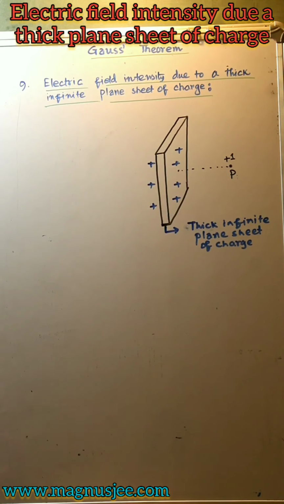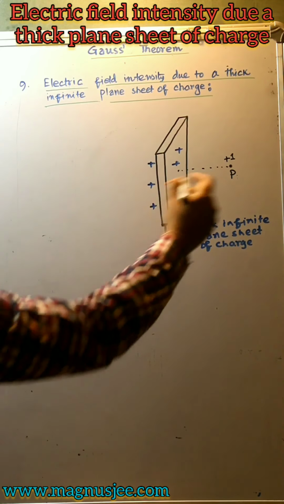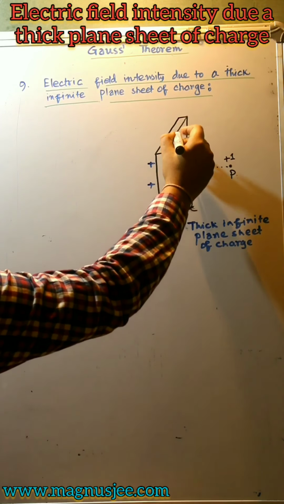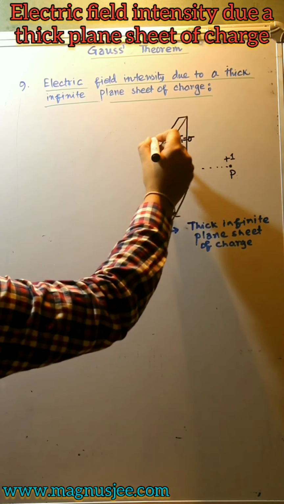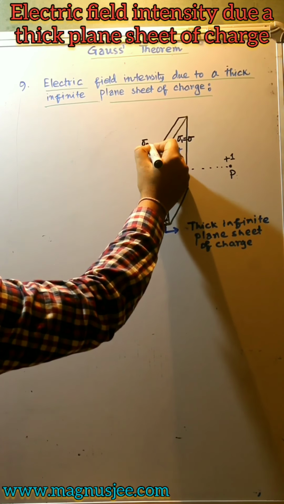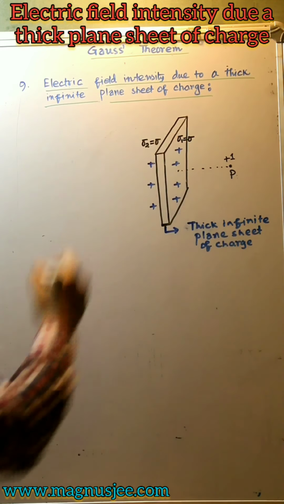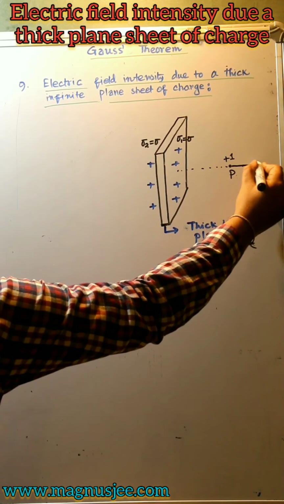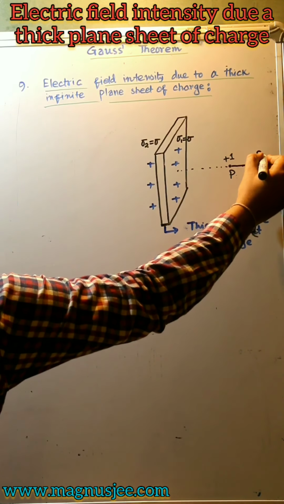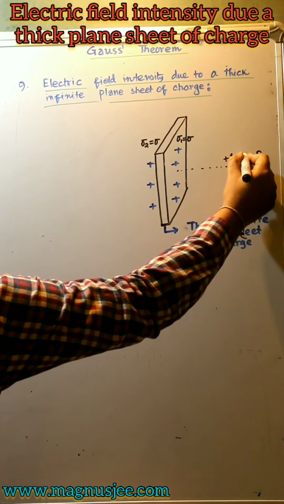In this case, if a unit positive charge is placed here, then the first surface has surface charge density sigma 1 equal to sigma, and the second surface has the same surface charge density, sigma 2 equal to sigma. The unit positive charge will be repelled with forces E1 and E2.